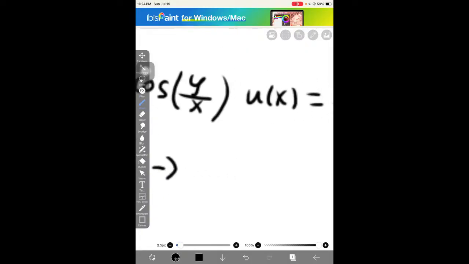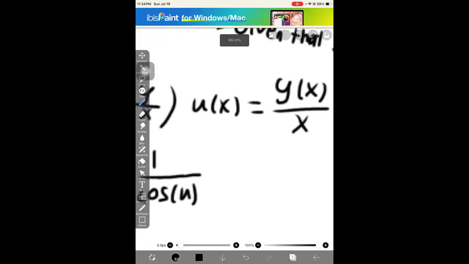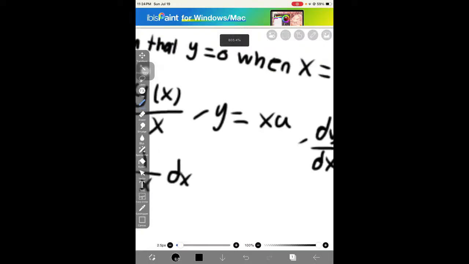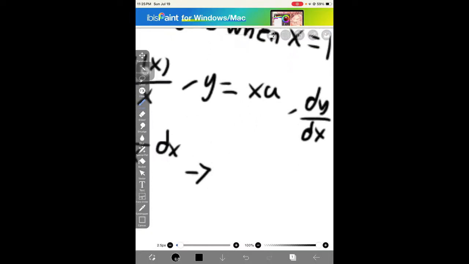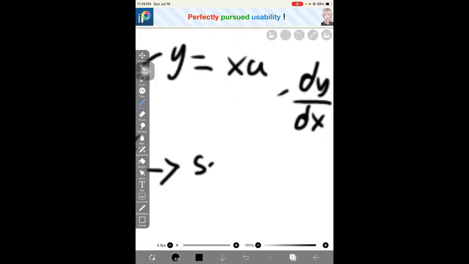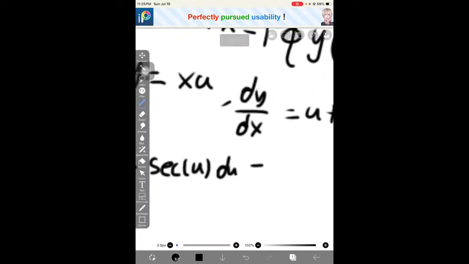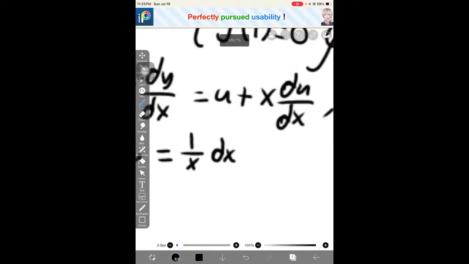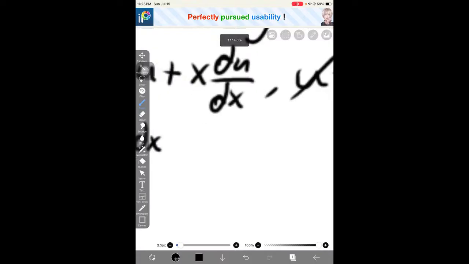So we have 1 over cosine of u, which is just secant, by the way, du, equals 1 over x dx. Let's rewrite our new equation: secant of u du equals 1 over x dx. And now we can integrate both sides of the equation.